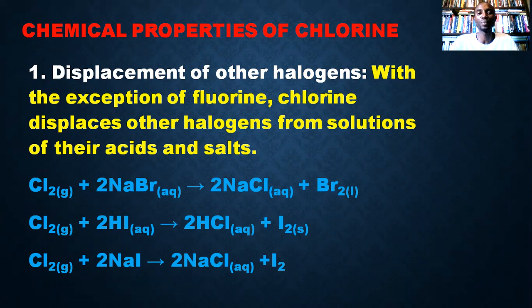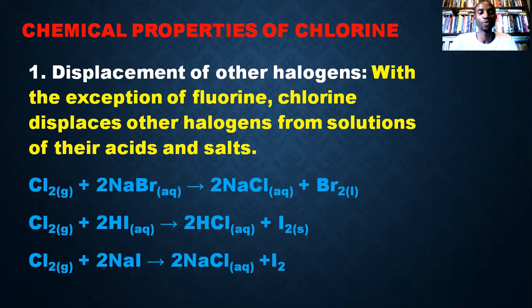Number one is displacement of other halogens. We know that chlorine is a very reactive halogen. Except for fluorine, chlorine displaces other halogens from solutions of their acid or salt. Bromine and iodine are displaced because chlorine is more reactive than them.